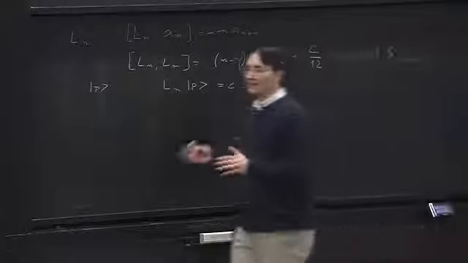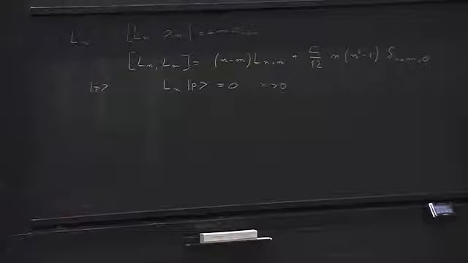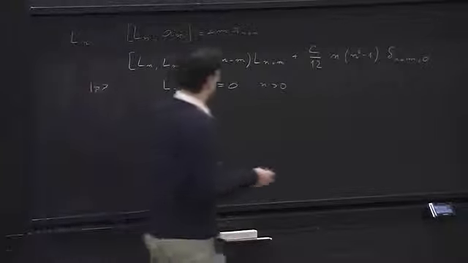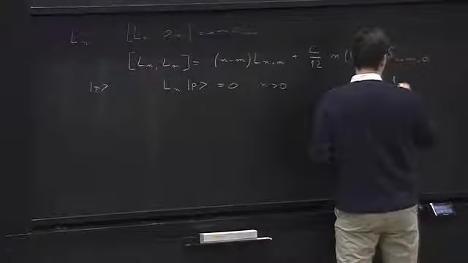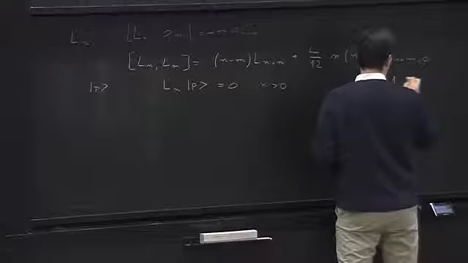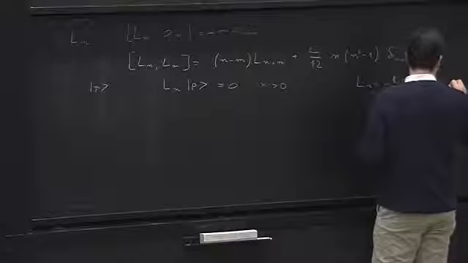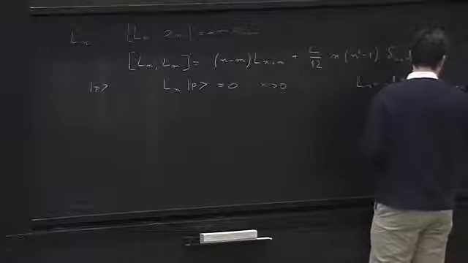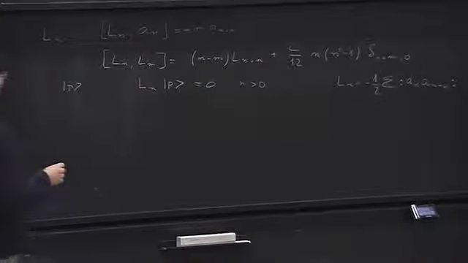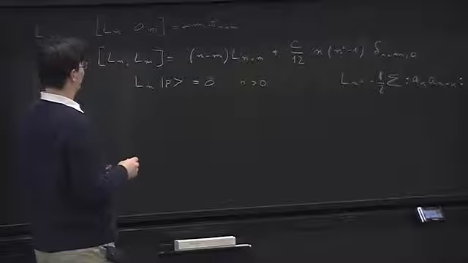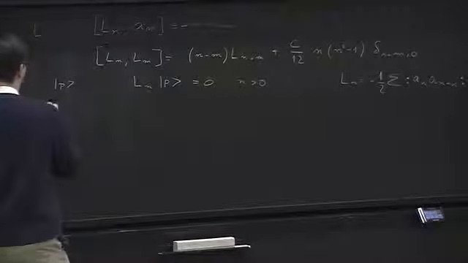Now you can ask what happens if I start building states using the L's instead of the a's. The expression for L was, again, check me on the signs, something like this. I hope I got the signs right. So what happens if I act with L_{-1} on |p>?